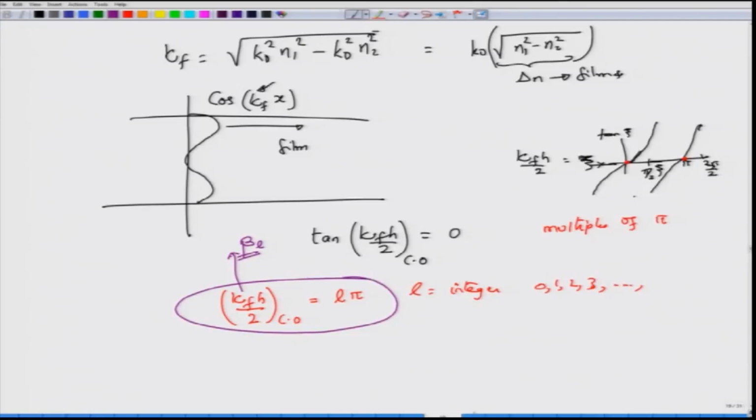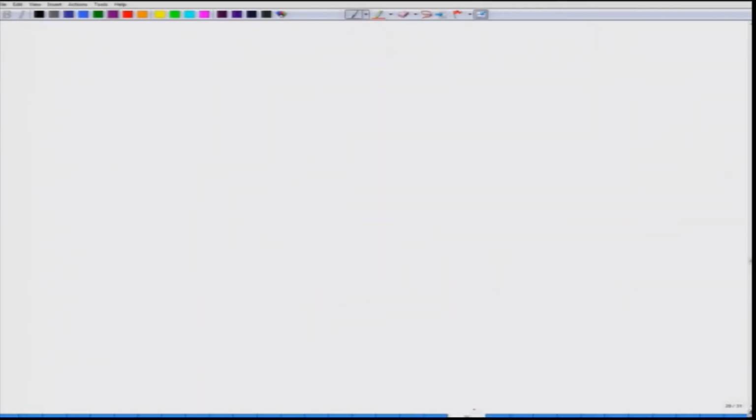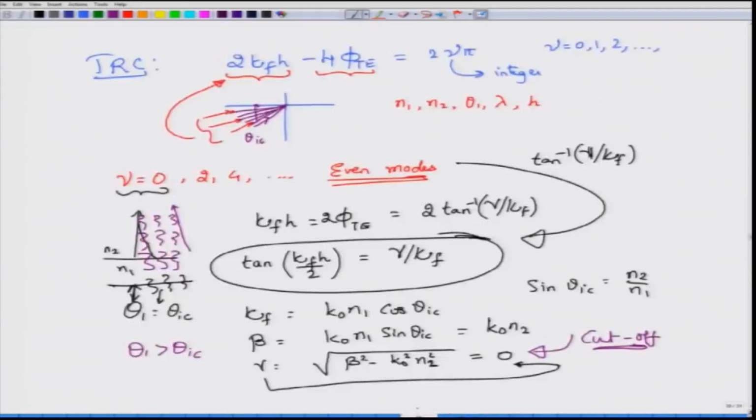Now, let us get back to the transverse resonance condition which we wrote earlier. I believe the condition that we wrote here was 2 kappa f h minus 4 phi TE is equal to 2 nu times pi.